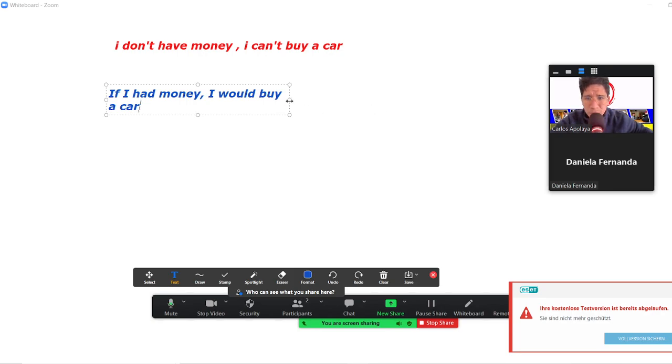Dani, te preguntarás, Carlos, ¿por qué utilizas el buy si tengo un can? Puedes decir lo siguiente también.